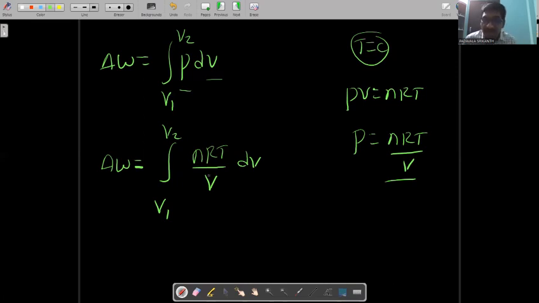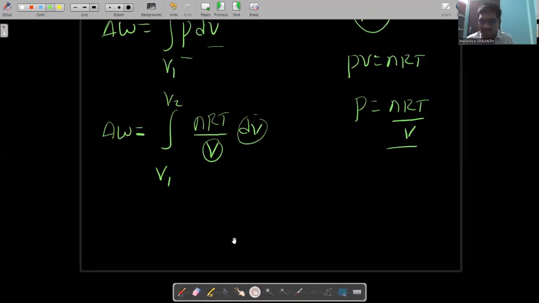Sir, why are you writing in terms of V here? Because we have dV here. In order to integrate with dV, we need the terms in terms of V only. If we have dx, we need the terms in terms of x. If we have dy, we need the terms in terms of y. Therefore, since we have dV, I am writing the value in terms of V.